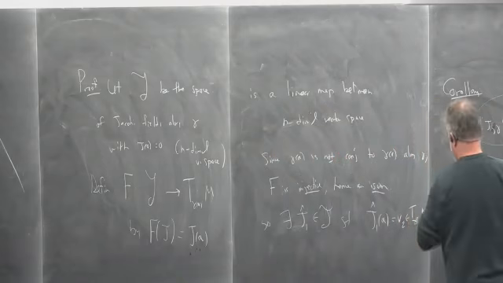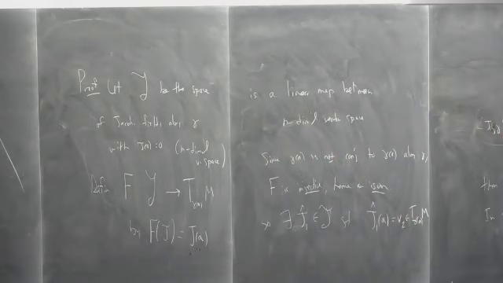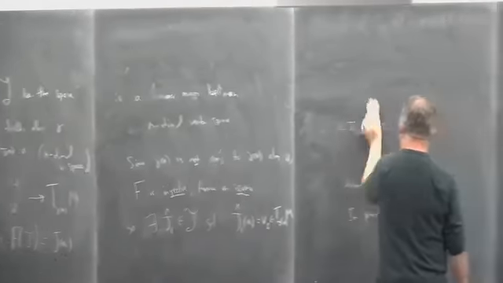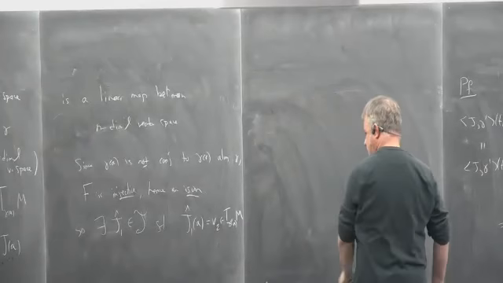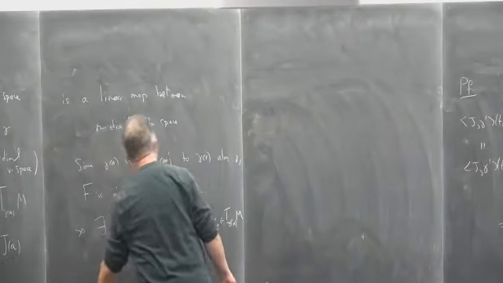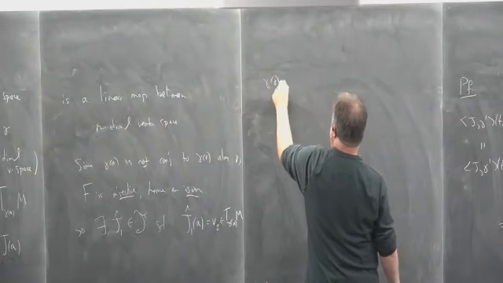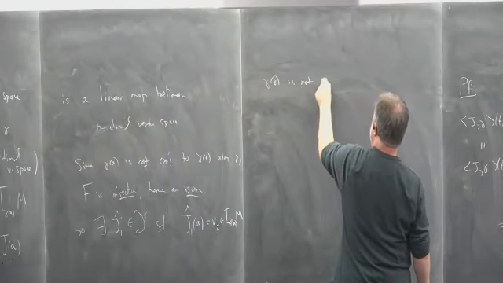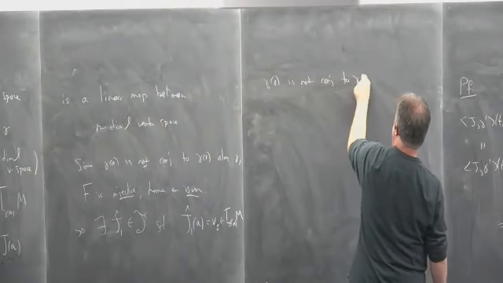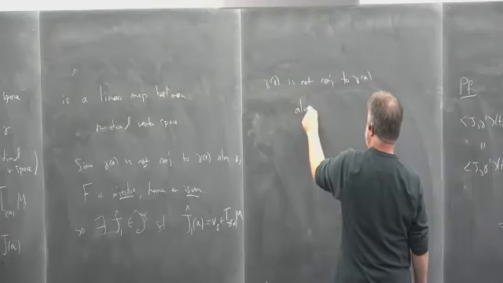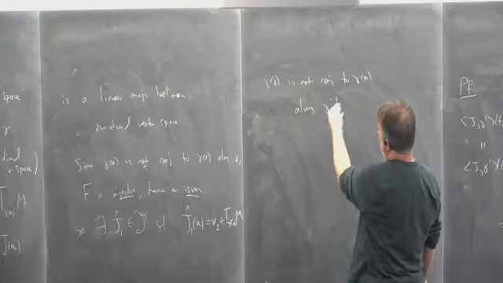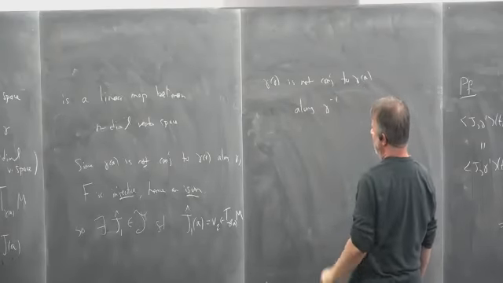And now we do the same thing in the opposite direction. So gamma of 0 is not conjugate to gamma of A along gamma inverse, because if it was, then gamma of A would be conjugate to gamma of 0 along gamma.